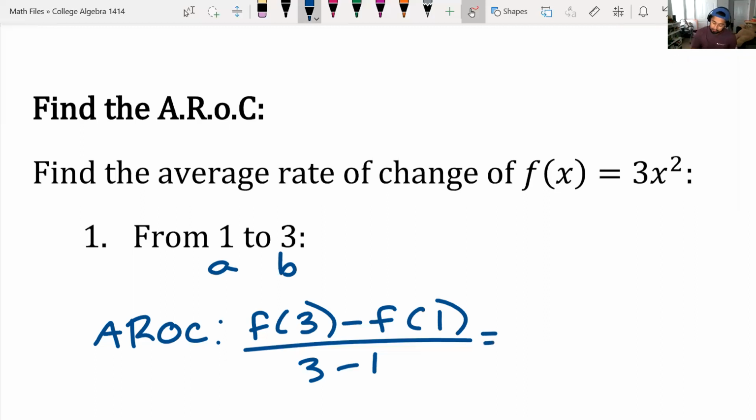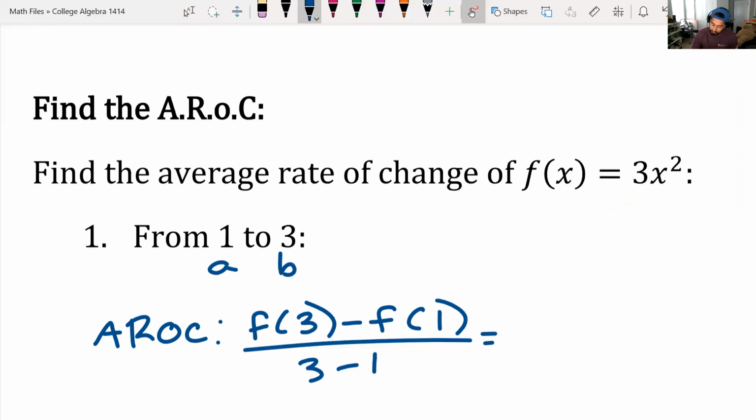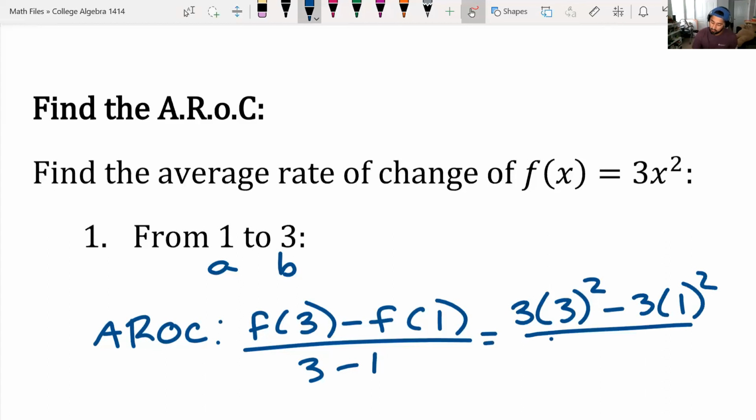Okay. And all we have to do is take 3, plug it into that function, take 1, and again plug it into that function, evaluate and simplify. So I'll write everything out. So f of 3 becomes 3 times 3 squared, minus f of 1, which becomes 3 times 1 squared, over 2.